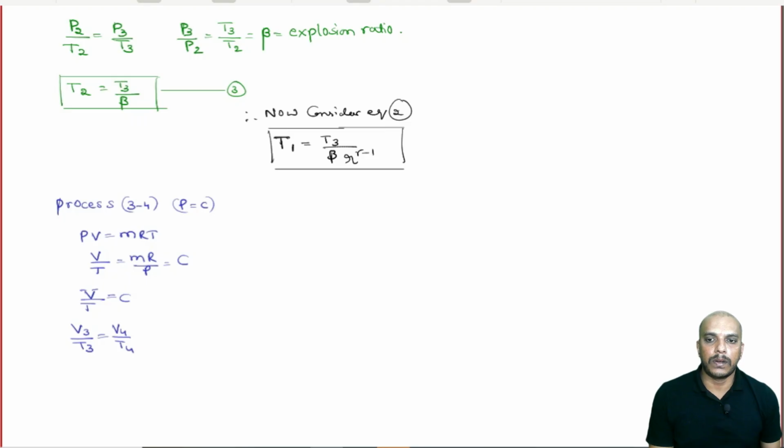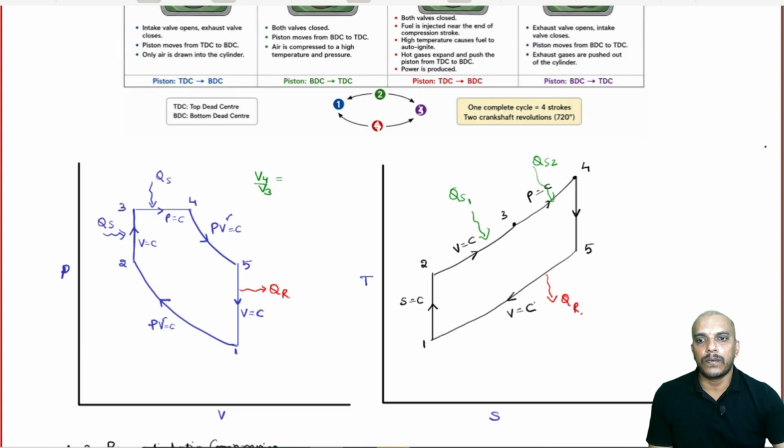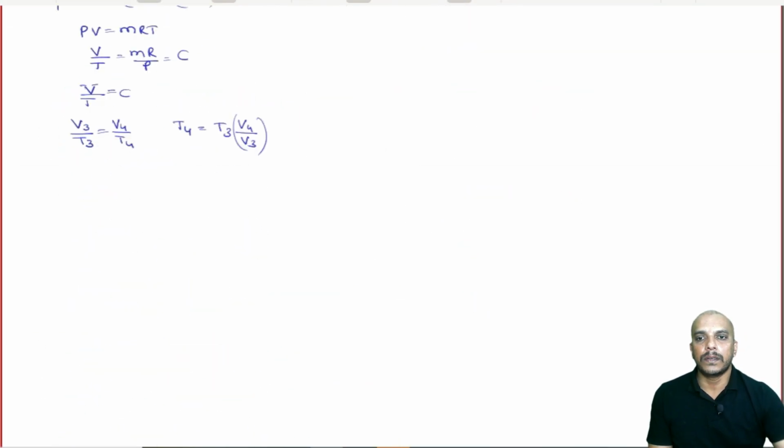So, I am trying to write T4 in terms of T3. So, T4 I will take to the left side, T3 times V4 by V3, alright. Now, what is this V4 by V3? If you look at this, V4 by V3 is the cutoff ratio rho, that we have discussed. So, T4 is equal to T3 times rho, where rho is the cutoff ratio.